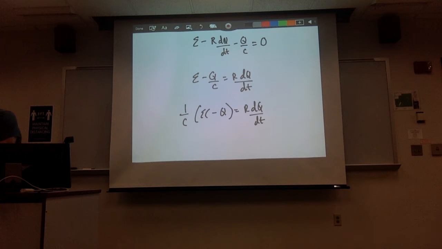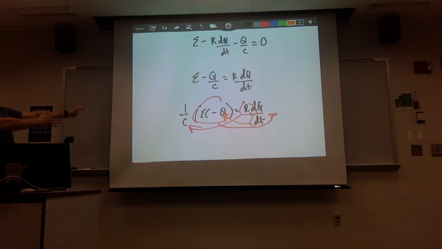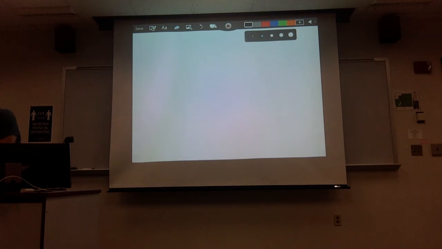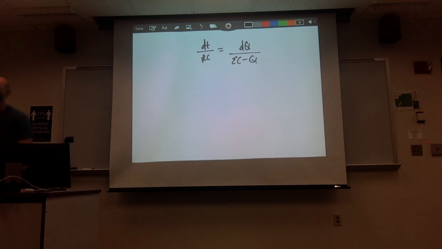So I want all the Q's on one side, anything that's not a Q on the other side. This is going to be equal to dt divided by RC, equal to dq divided by (E times C minus Q).